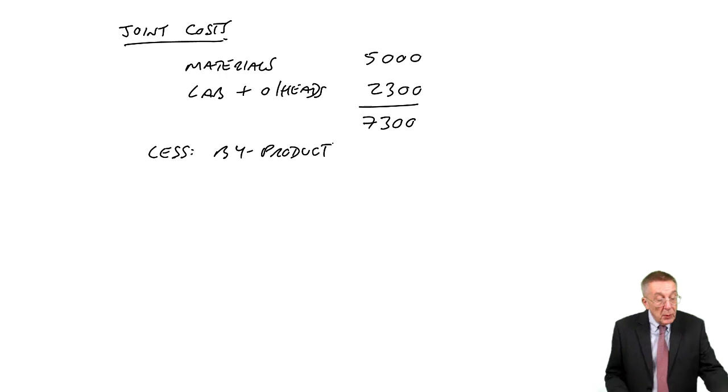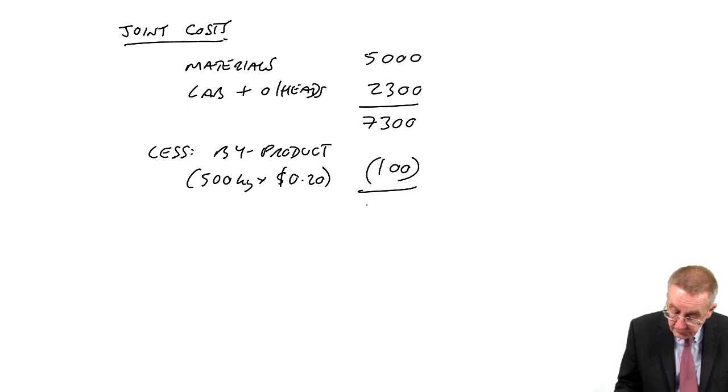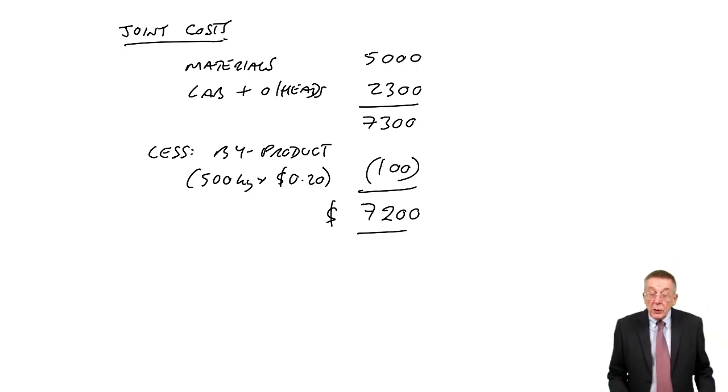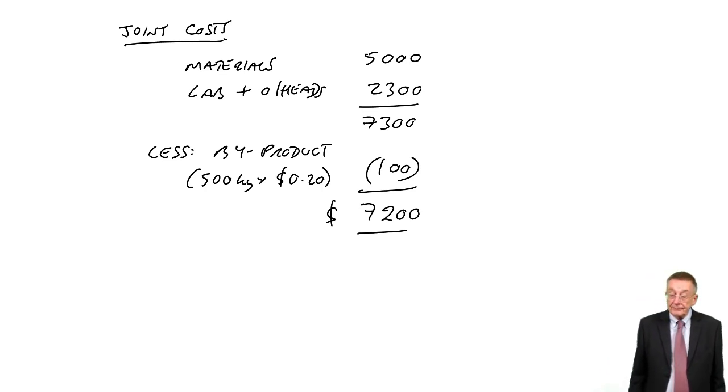And how much are we going to get? Well, there are 500 kilos. We're selling it at 20 cents a kilo, so 100. So we say the total cost of our main products of A and B in total is 7,200.